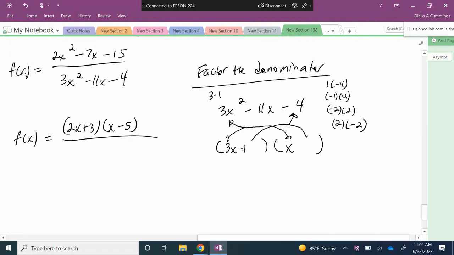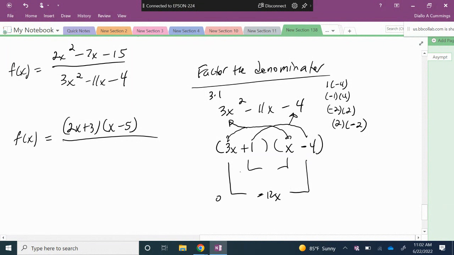So we're going to use a plus 1 and a minus 4. Notice I get my first term, 3x times x is 3x squared. My last terms, 1 times negative 4 is negative 4. But keep in mind the middle term is a combination of the outermost, so 3x times negative 4 is negative 12x.